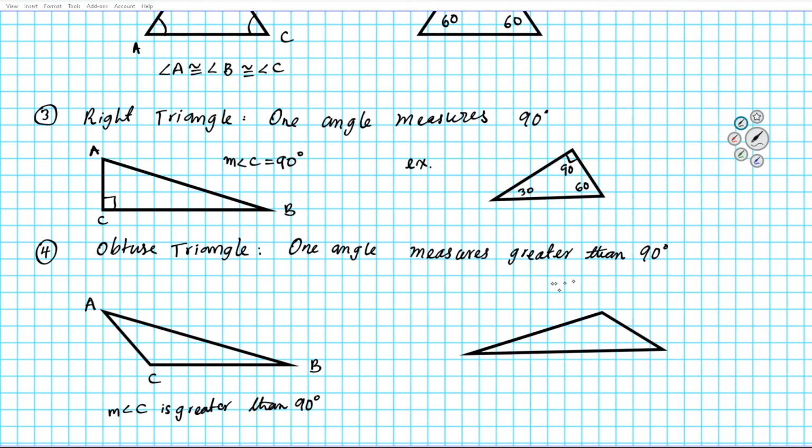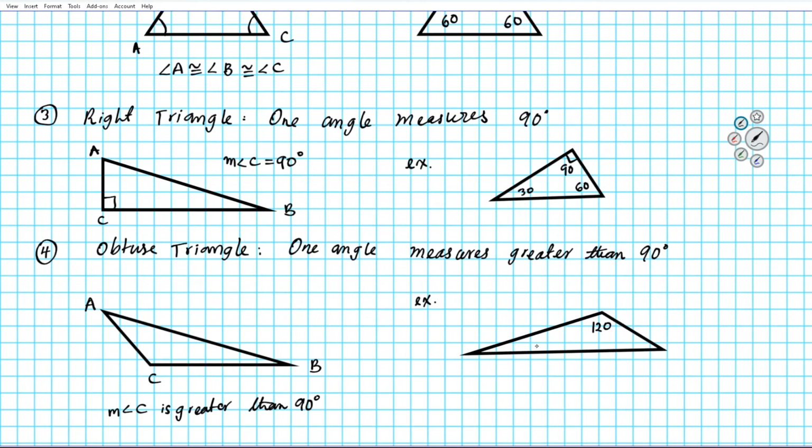Okay, so let's take a look at a concrete example. What angle measures can we input into this triangle right here to make it an obtuse triangle? So one of the angles has to be greater than 90, right? So let's say this one right here is 120 degrees. All right, so that's greater than 90.